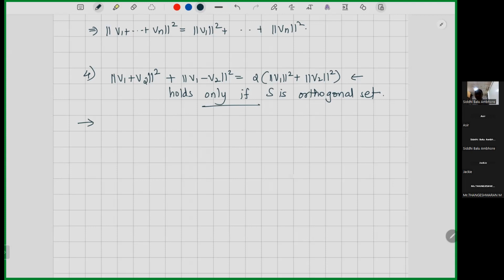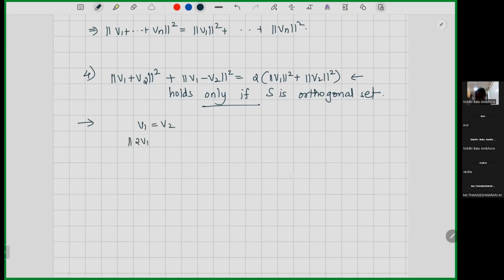Suppose we take v1 equal to v2. Then what will happen?